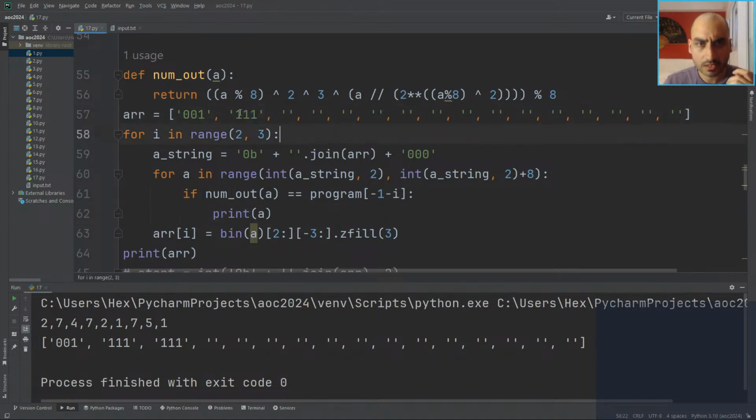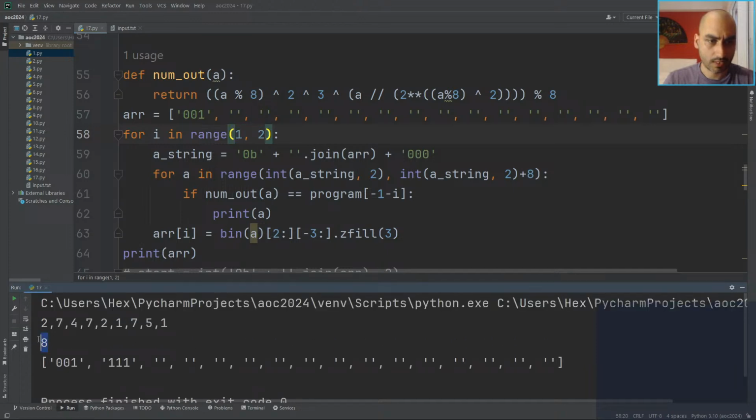Wait, what did we get last time? Eight. Print A. Wait, 8 means... That's the full number.